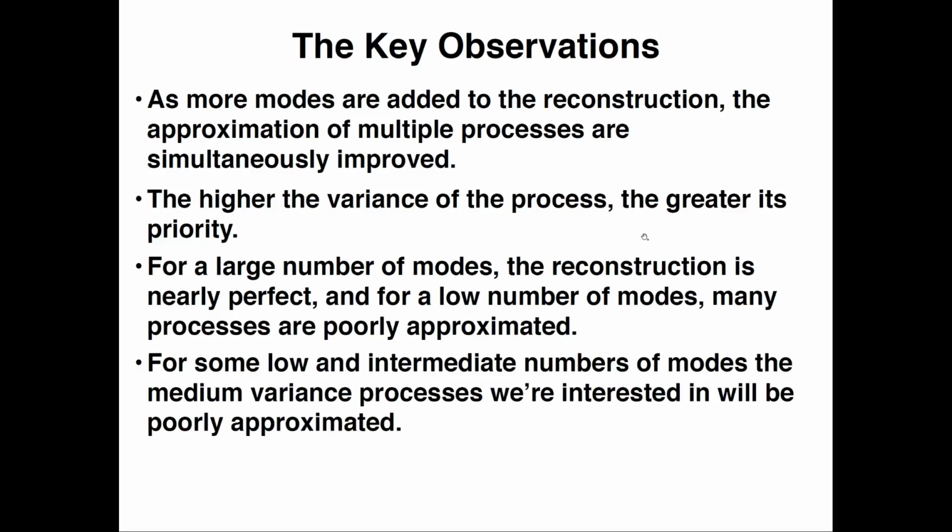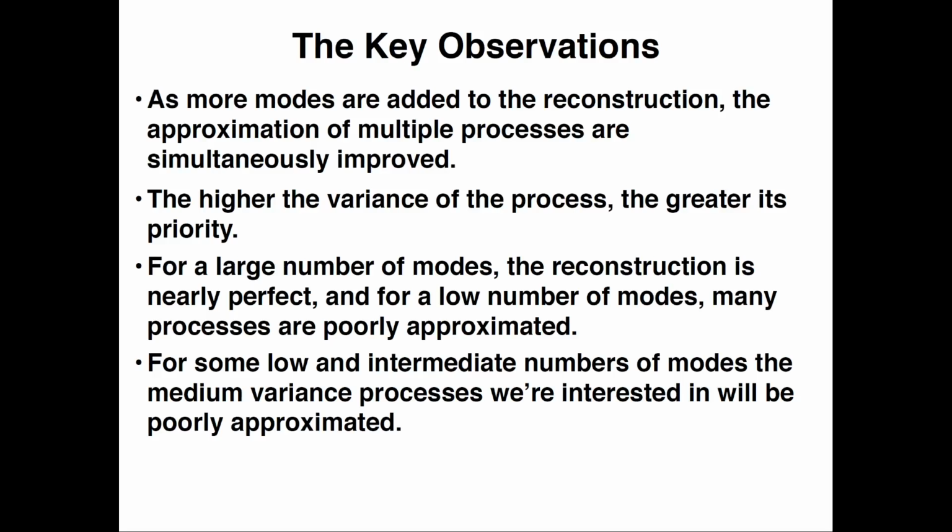Well, that means that in between this terrible approximation and this excellent approximation, there will be, for some low and intermediate number of modes, these medium variance processes that we're interested in, and they'll still be poorly approximated. Before you get to the perfect approximation, you'll have a poor approximation of those medium variance processes, right?